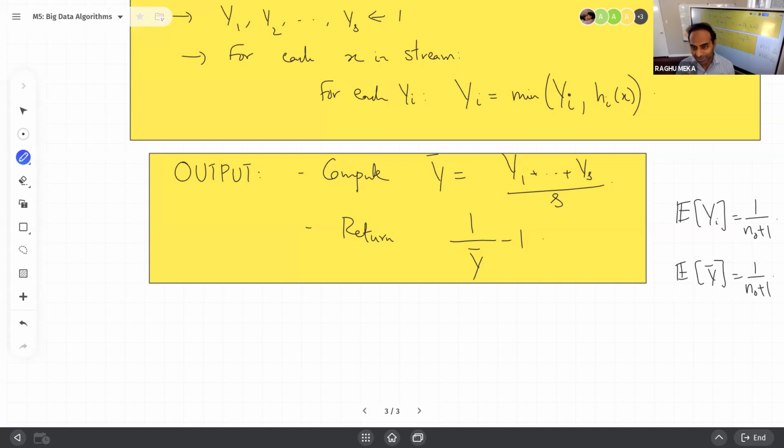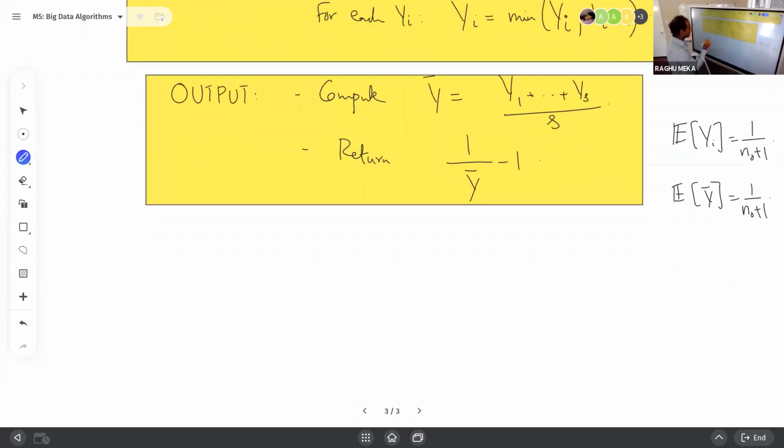So often, along with the expectation, if you have an estimate of the variance, then you can estimate the reliability. The smaller the variance, the better your estimator is. If you're varying all over the place but still correct in expectation, that's less meaningful than if you concentrate in a small interval. Variance is small and you're good in expectation.